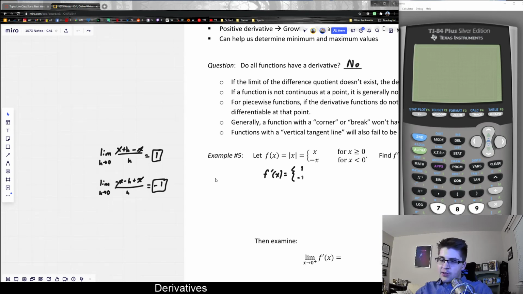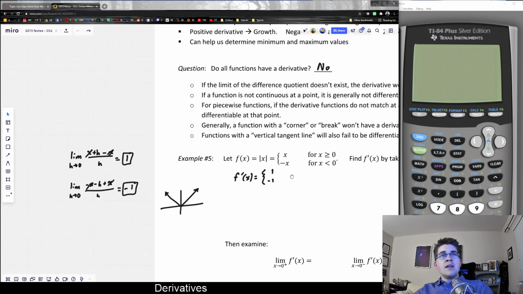Looking at the graph of the absolute value function, it looks exactly like that. It has that sharp corner at x equal to 0, where it's not differentiable. We can see that the slope is different in each particular case. Again, you could say this function was defined for x greater than or equal to 0. But for the derivative at x equal to 0, the limit as h approaches 0 has to be the same from both sides.